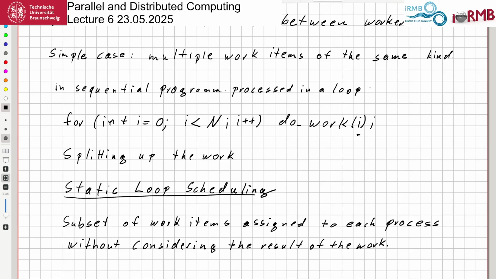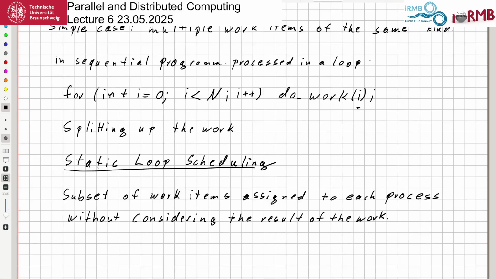So we have 10 people and 100 things to do, so everybody gets 10 things to do, and you go off and do your work. No dependencies, that's the great thing.